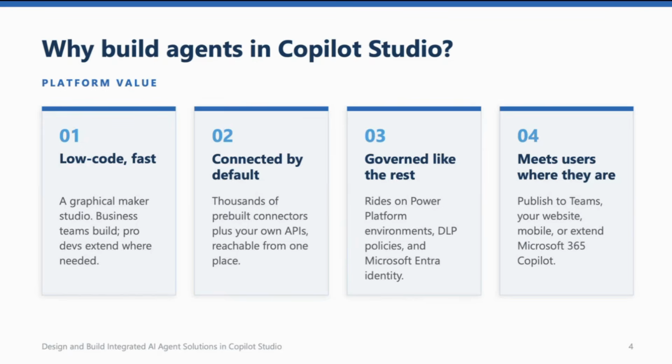Third, governance comes along for the ride because it sits on Power Platform. So your existing data loss rules and identity controls are automatically applied. Are you an authorized user to have that conversation with the agent or to get that outcome?